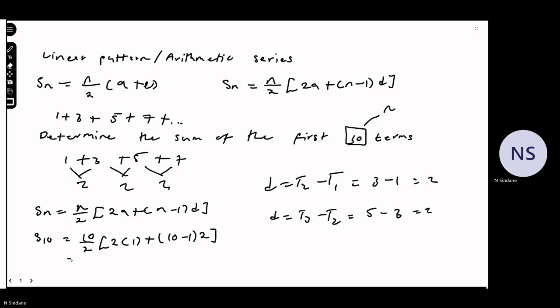This gives me 5 into 2 plus 18, which is 5 into 20, and the solution is 100. That is how you calculate the sum of the first 10 terms.